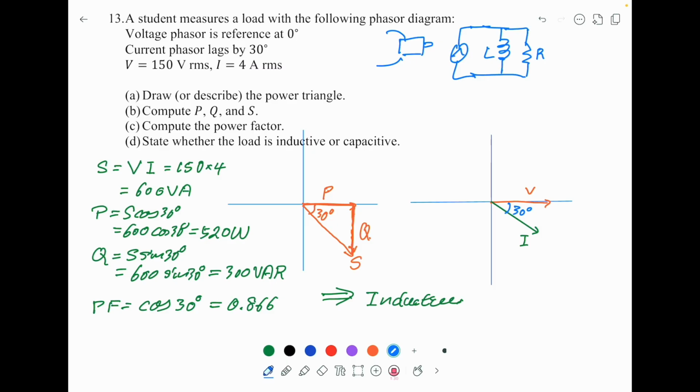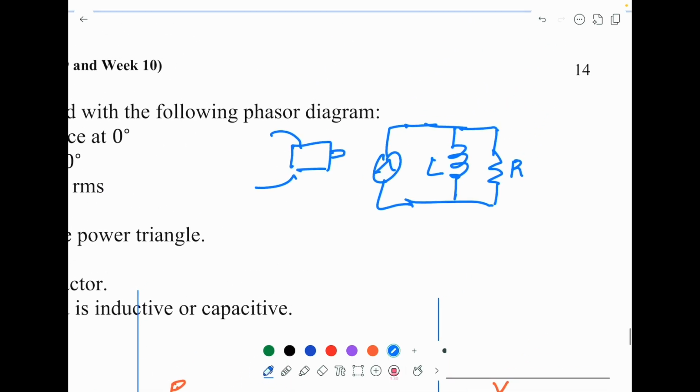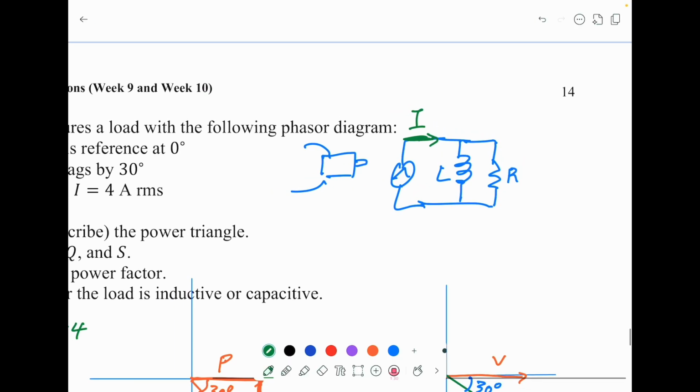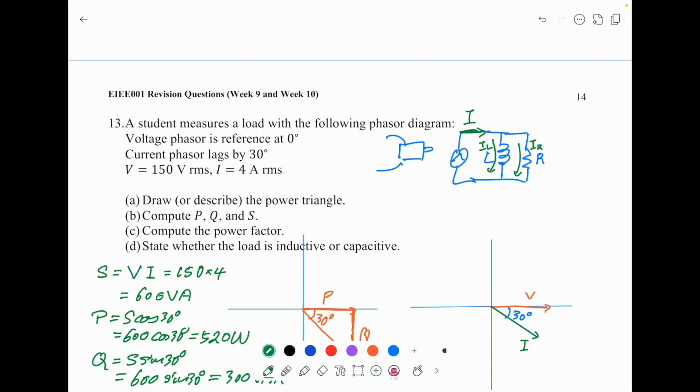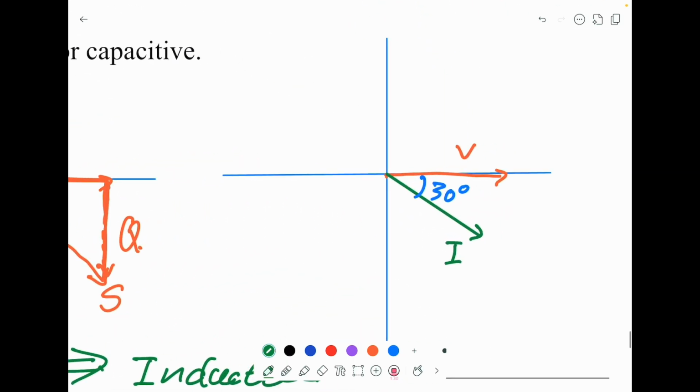This I current is the current passing through here. But remember, the current through the L and the R will be different. This is IR, this is IL. And if you look at the phasor here, this will be your IR, and this is your IL.